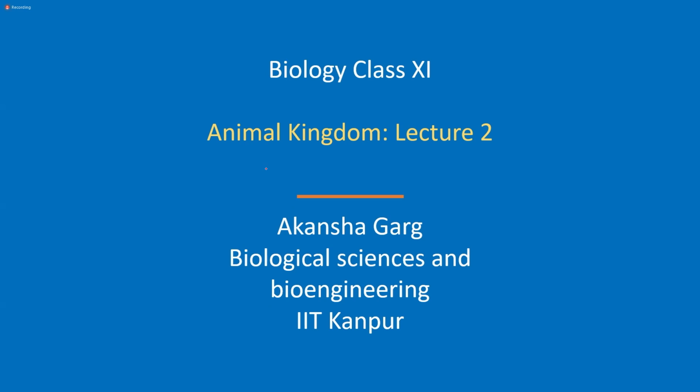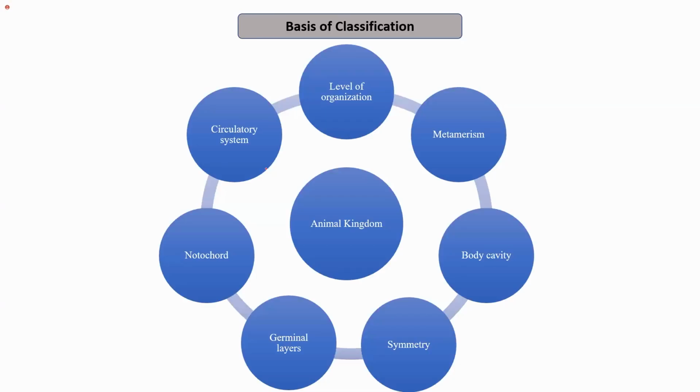So basically, in the last lecture we saw the bases of classification of the animal kingdom into different phyla. The animal kingdom was classified on the basis of level of organization, that is, whether they have cellular level of organization, tissue level of organization, or organ level or organ system level of organization.